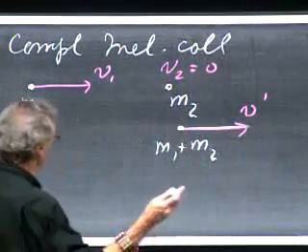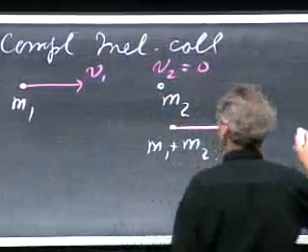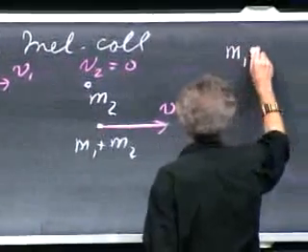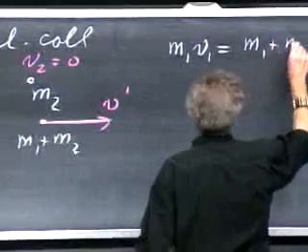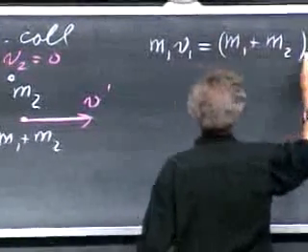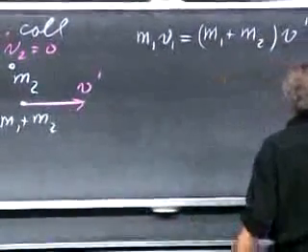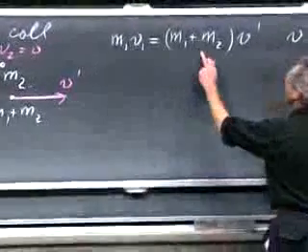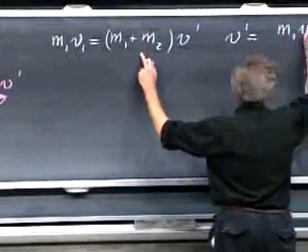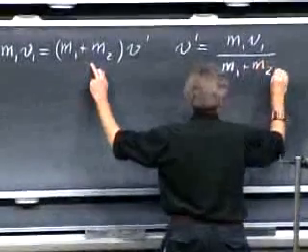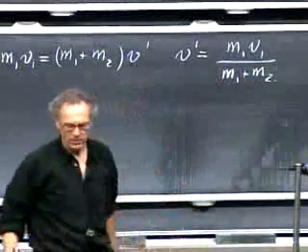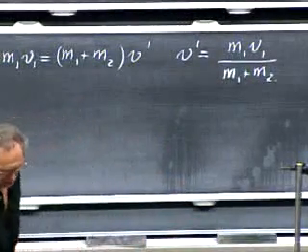Momentum is conserved if there is no net external force on the system, and so I can write down that M1 V1 must be M1 plus M2 times V prime, and so V prime equals M1 V1 divided by M1 plus M2. That's a very simple calculation.